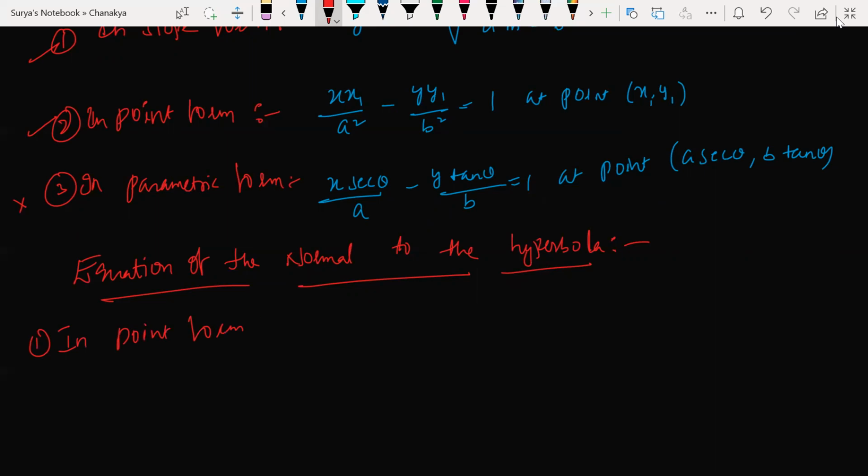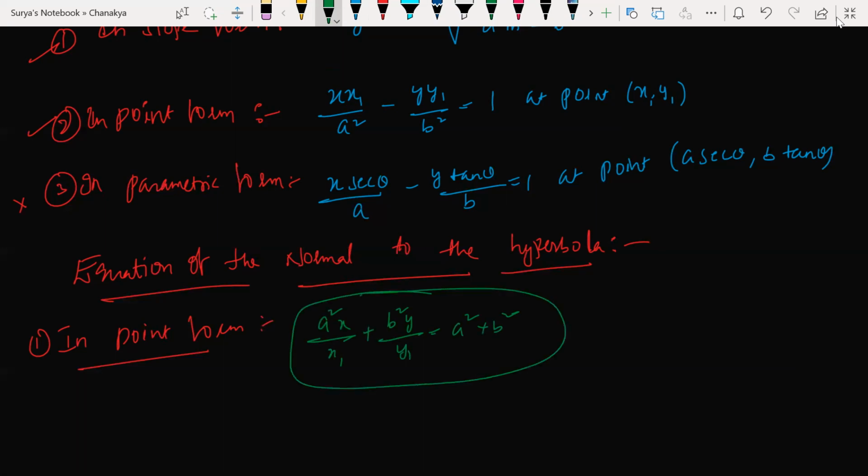In point form, look at this. Same thing as whatever we wrote there: a square x by x1 plus b square y by y1 is equal to a square plus b square. In hyperbola it is like this. There we used to have minus actually, but here we'll be having plus.